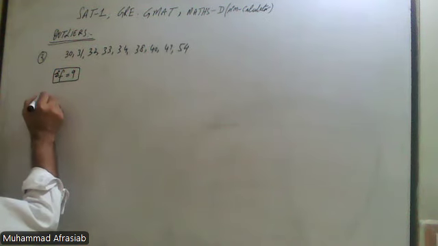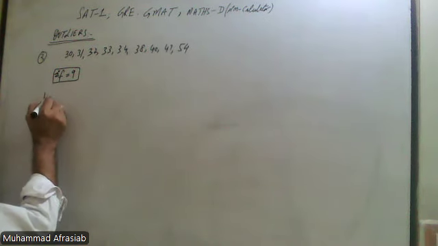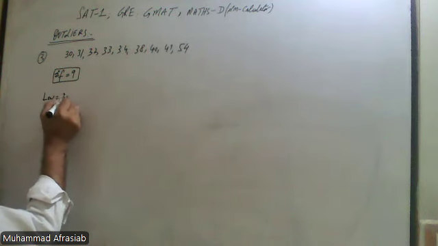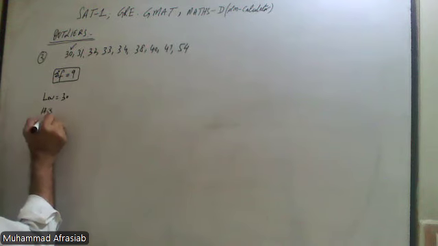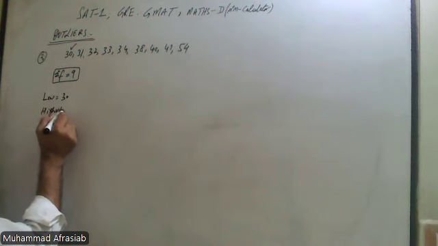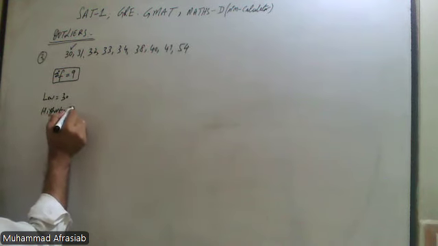Now you can find out the outliers of this. First of all, the lowest value is equal to 30 and the highest value in that is 54.